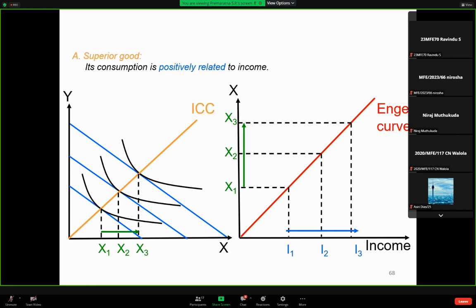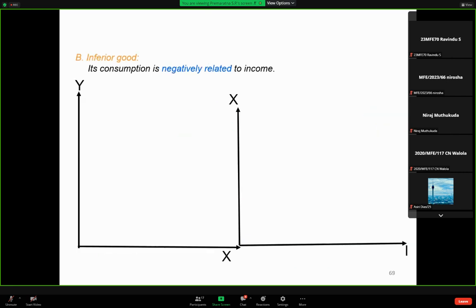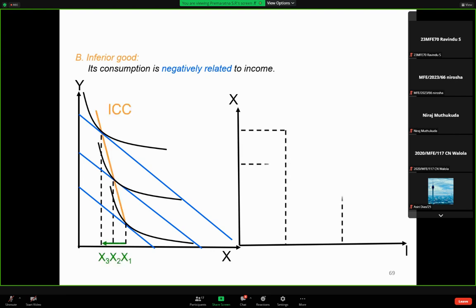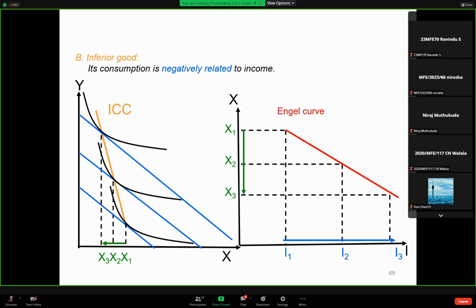If you take an inferior good, the ICC has a negative slope, and it creates the Engel demand curve, which also has a negative slope. So that's what we already discussed.